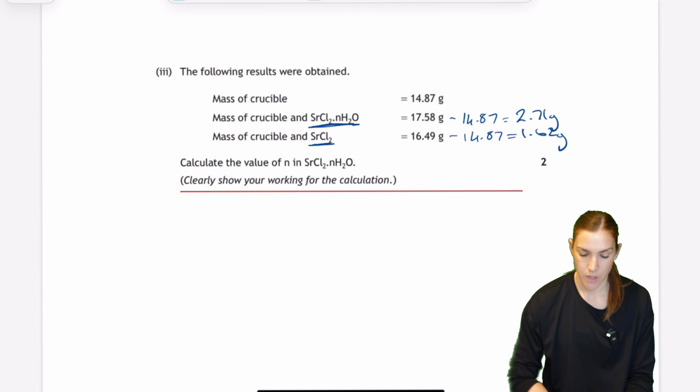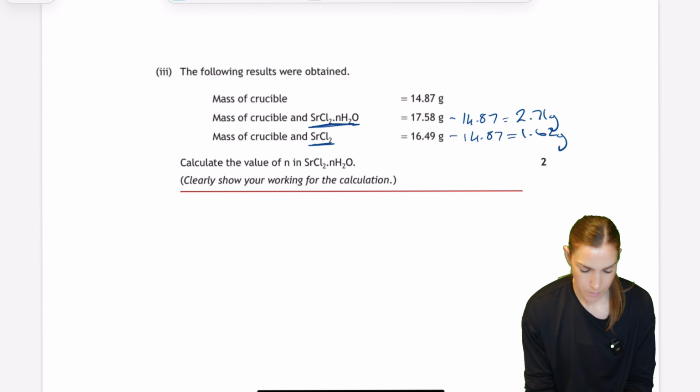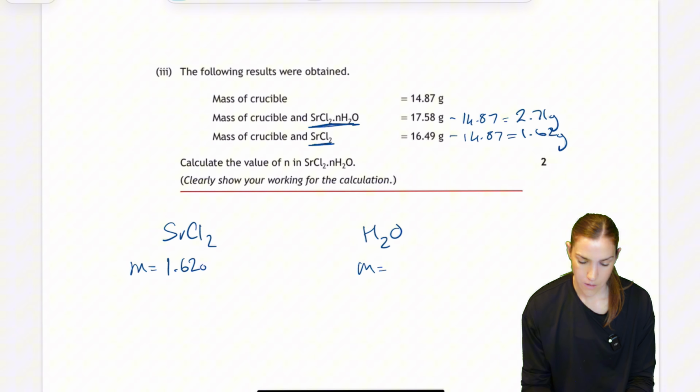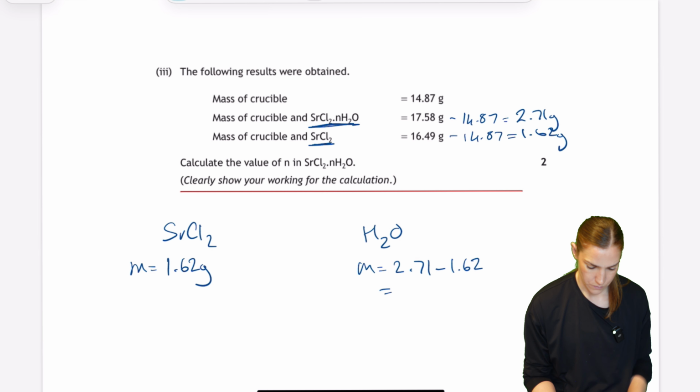Okay, so now we have those, we can then start our calculation just as we normally would. So we've got our salt, and then water, our masses. So the mass of the salt on its own was the 1.62 grams. The mass of water, we would do the 2.71 take away the 1.62. That gives us 1.09 grams.